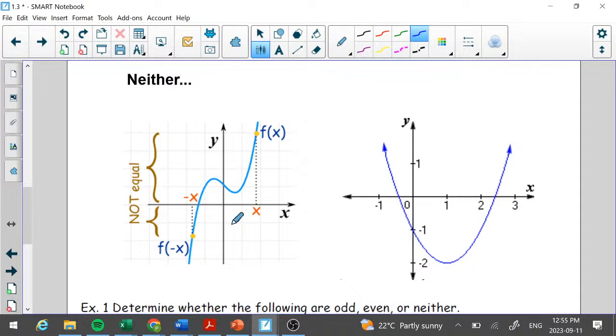So, what transformations? Translation where? Left, right? Will it cancel, or will it make it no longer odd? If something is odd to begin with, and you translate it left or right, it will no longer be odd.